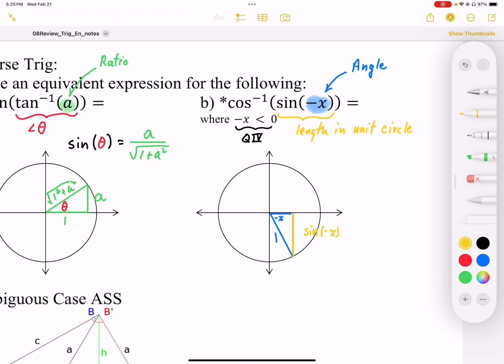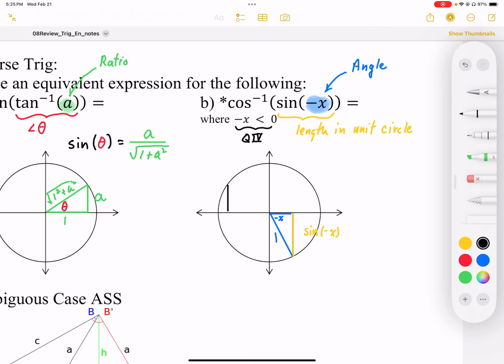So that vertical length I've drawn now needs to be expressed as a horizontal length in the standard position. Since the y is negative, it's going to go negative along the x to be represented in cos. So we're going to draw it in quadrant 2.